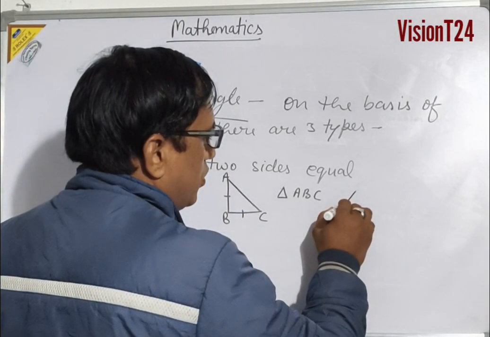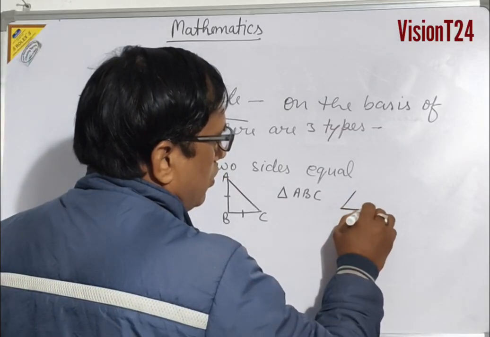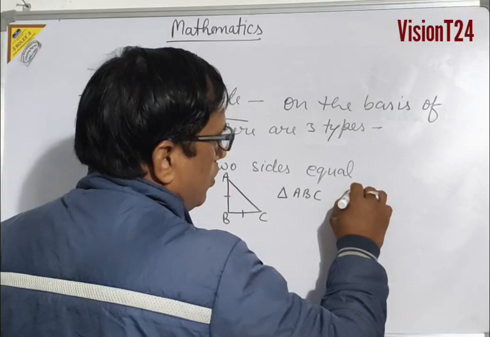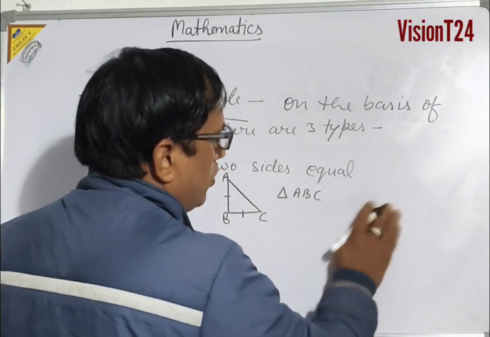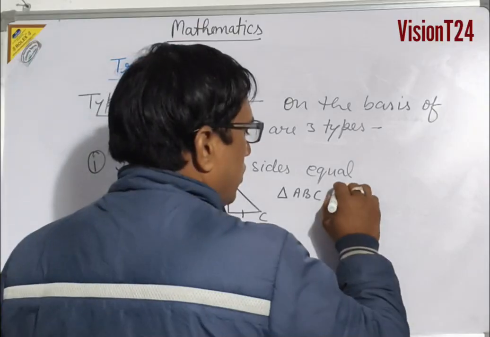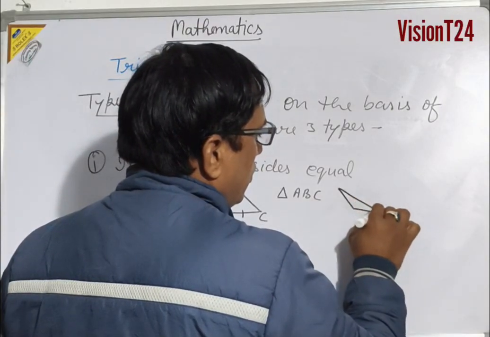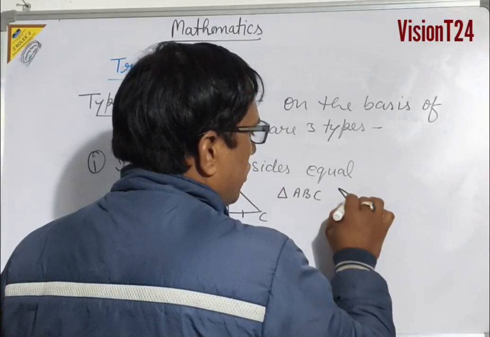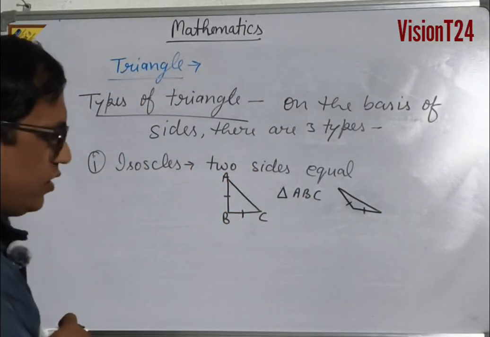Suppose if this side is equal to this one, so this will also be isosceles triangle, right?